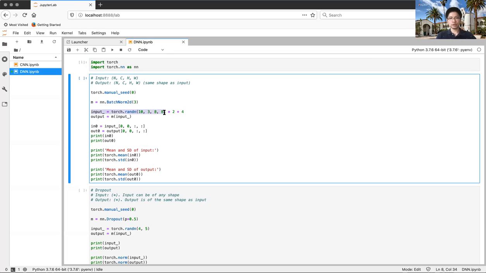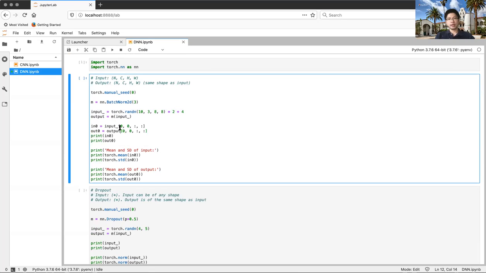in a PyTorch tensor. So I use a random tensor, but I scaled up the values by 2 and shifted the center to 4, okay? Because the original randn will return random numbers with 0 mean and 1 as the standard deviation. So I change the inputs by scaling up the values, and I applied the defined batch norm upon the inputs and get some outputs.